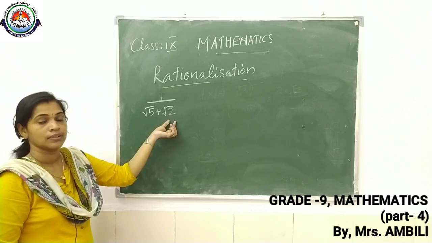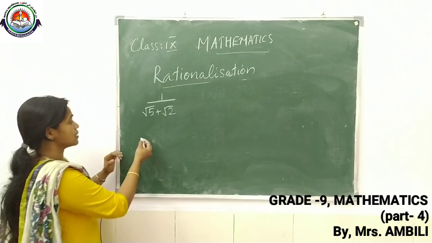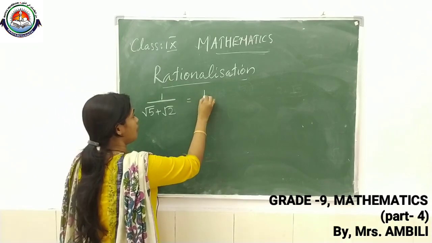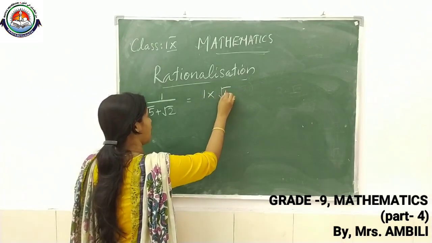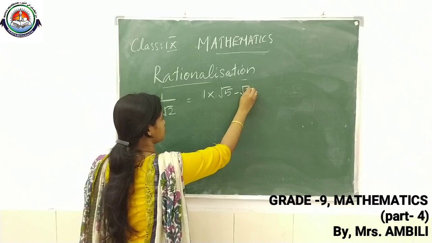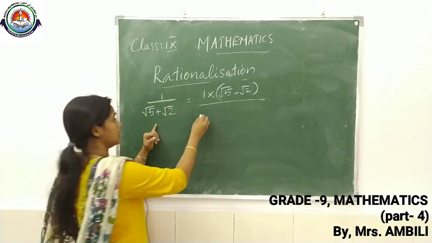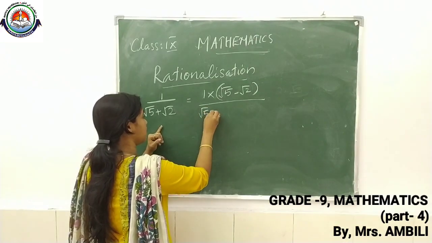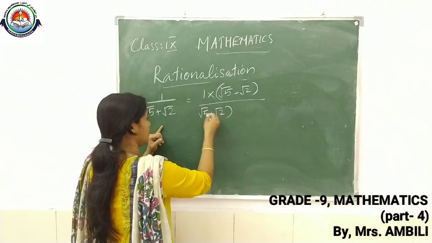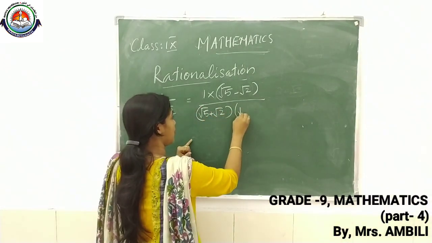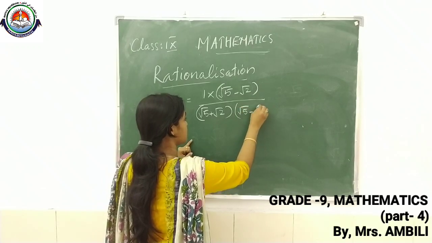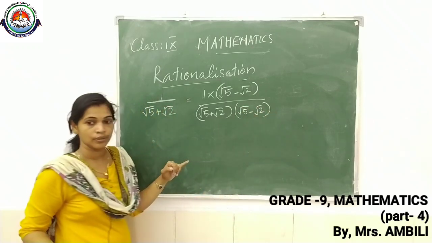Okay. Let us start. We can write 1 into root 5 minus root 2 divided by root 5 plus root 2 into root 5 minus root 2. Okay, you got it?